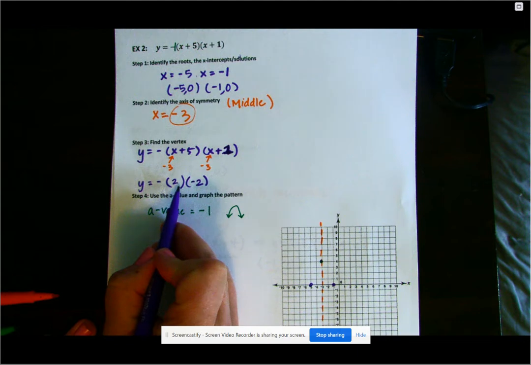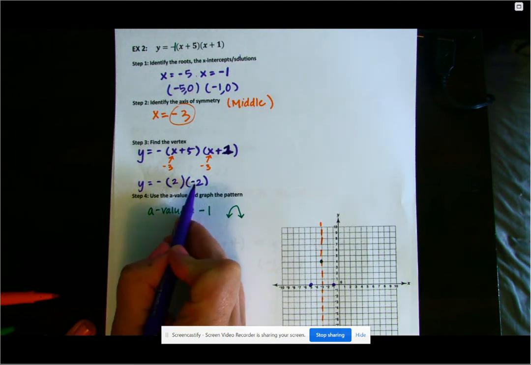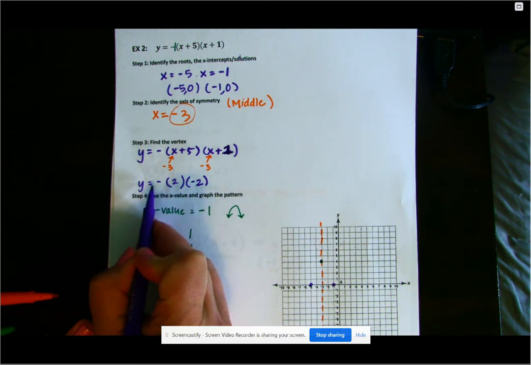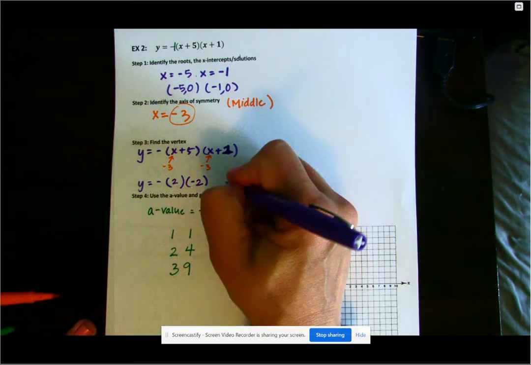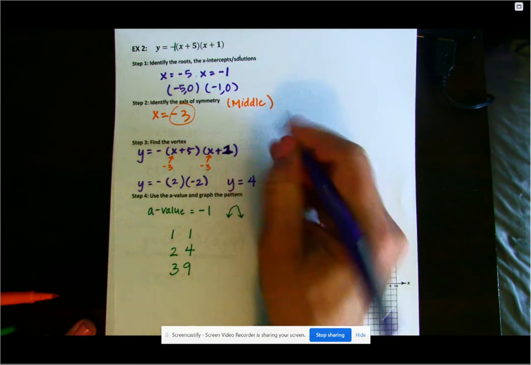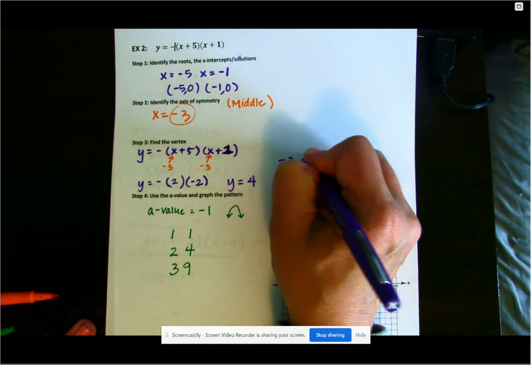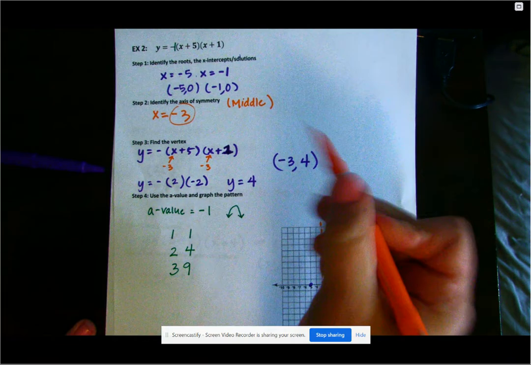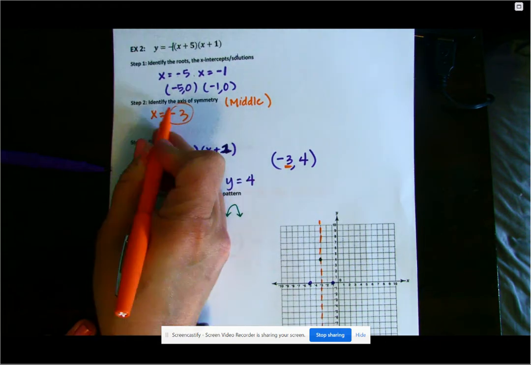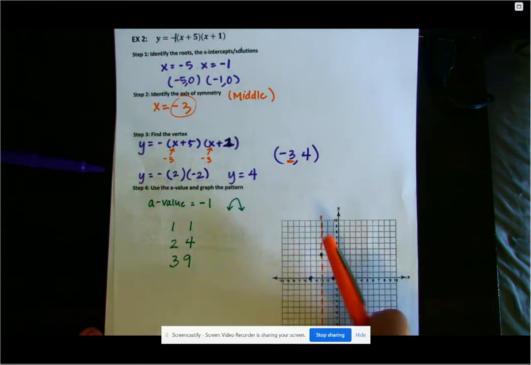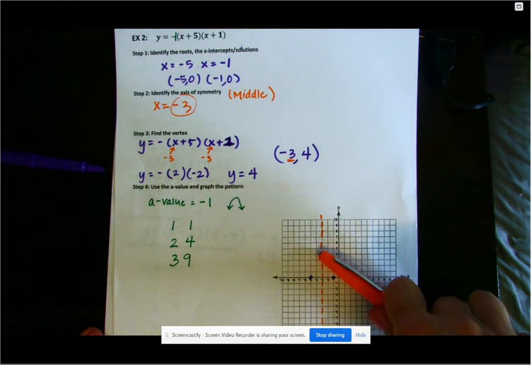Okay, so you're going to go 2 times -2 is -4. The opposite of -4 is +4. So the vertex is -3, +4. Remember, this part of the vertex is always the x value, the axis of symmetry. Hey, and that's what we found when we just even looked at the pattern.